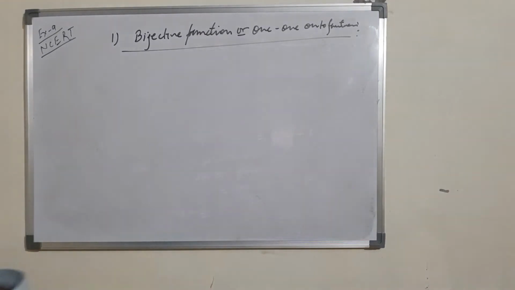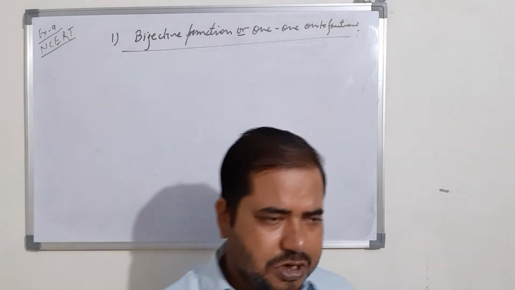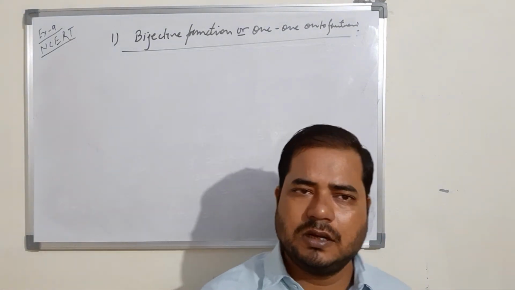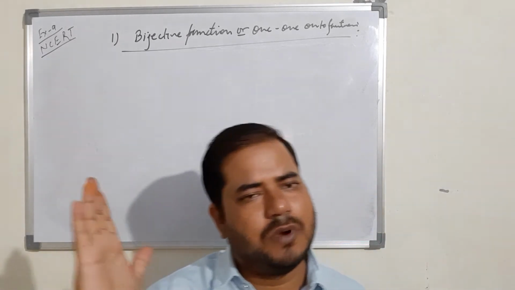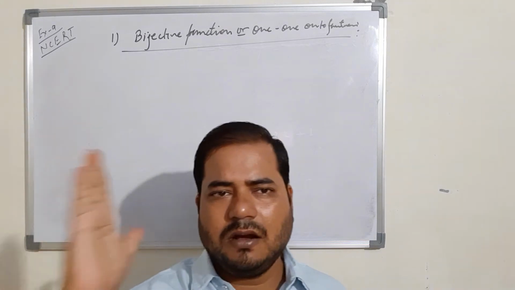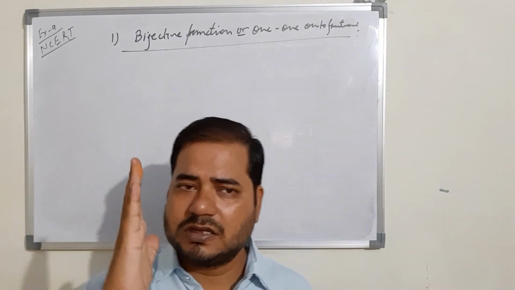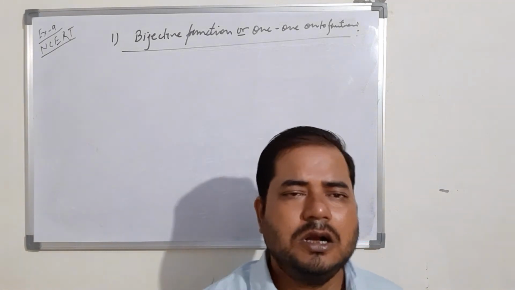Okay. So next thing is how to check the given function is onto. The domain and range of the function. If we define the domain of the function, suppose f from X to Y be a function, then the subset of X for which the function is defined is known as the domain of the function.